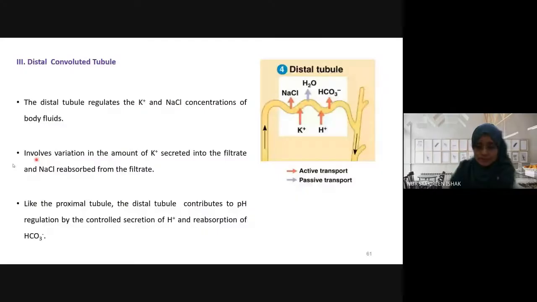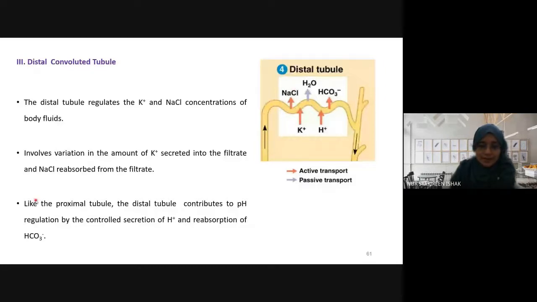Okay, so involves variation of the amount of sodium secreted maksudnya daripada darah, aliran darah, kan, peritubular capillaries that surrounds the distal tubule, secreted out from the blood vessels into the filtrate. Okay, into the filtrate, and sodium chloride reabsorbed from the filtrate enters into the interstitial fluid into the blood vessels.